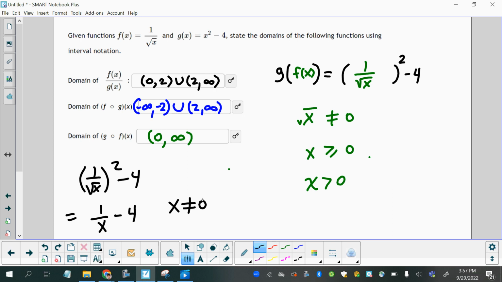So just be careful to consider what the original function was like, because we have that square root there in the original f of x function. We had to make sure that it was not only not going to allow x to be 0, but also that x would be only positive numbers.